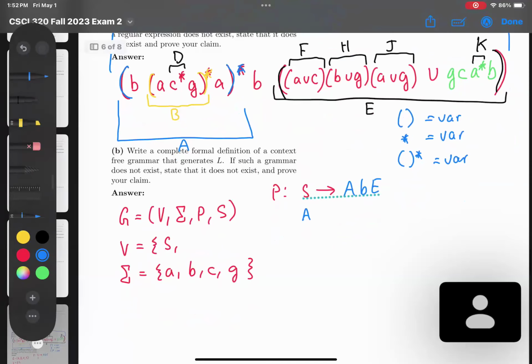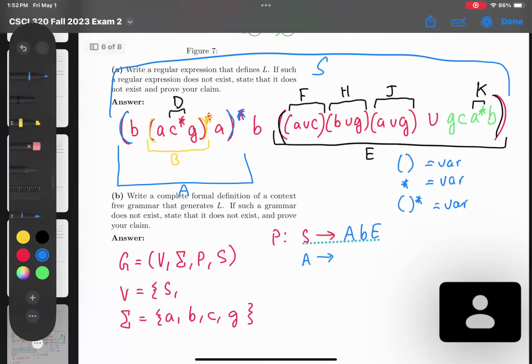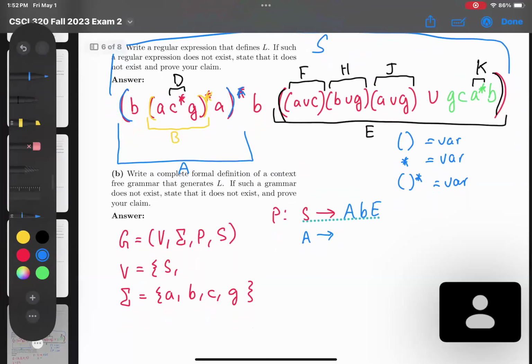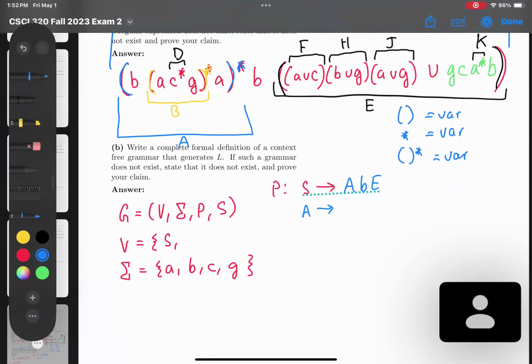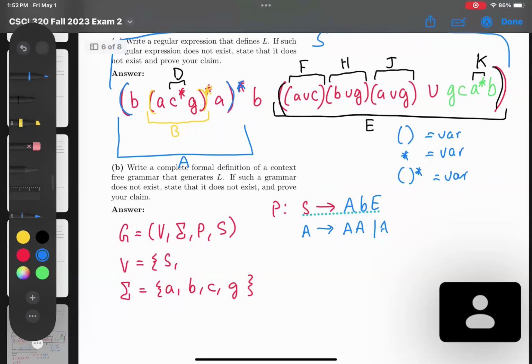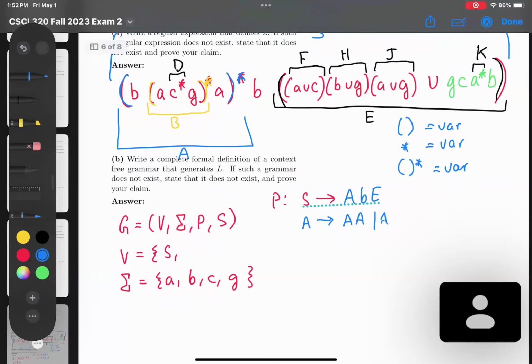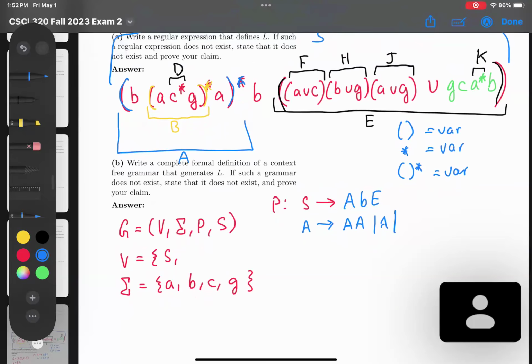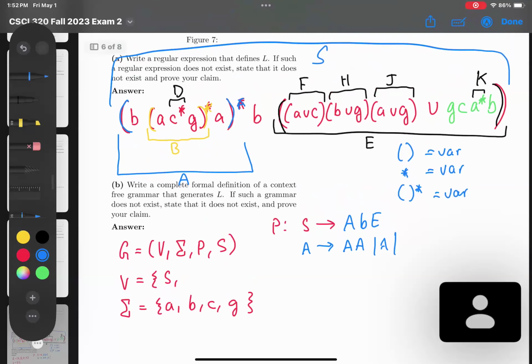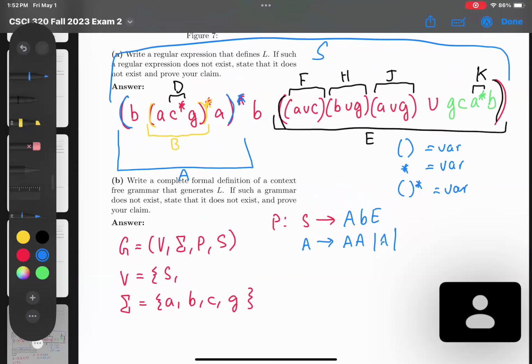All right, so A has a Kleene star. Whenever something has a Kleene star, we always say AA, so the variable itself repeated twice, or lambda, because a Kleene star could also be nothing. So AA or lambda, and then or anything that's inside of A. So what is inside of A?